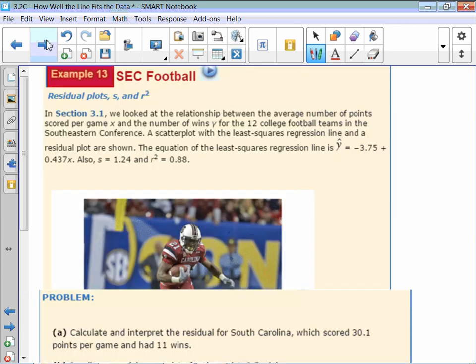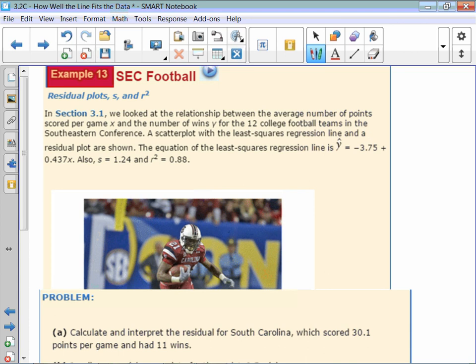Great. Let's try some problems where they give it to you and we can just interpret them. So back to our football problem. We looked at the relationship between average points scored per game and the number of wins for the 12 college football teams in the SEC. A scatter plot with the least squares regression line and the residual plot is shown.